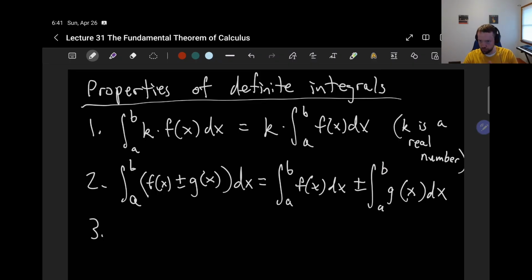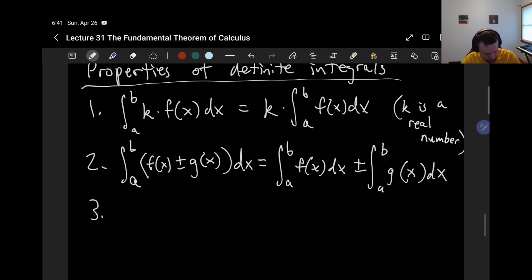Now, the remaining three properties we're going to talk about are new because they only apply to definite integrals, because they're dealing with the limits of integration. So for example, if I integrate a function from A to A, the same number, well, that's no real interval at all. It's just condensed to a point.